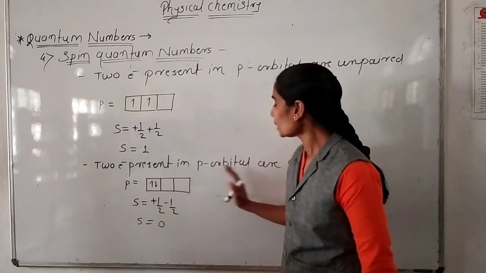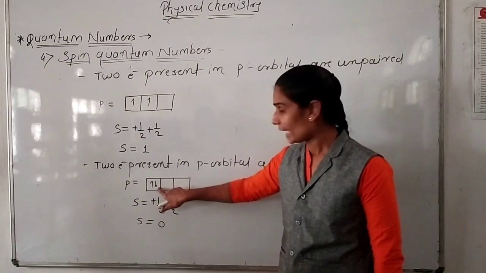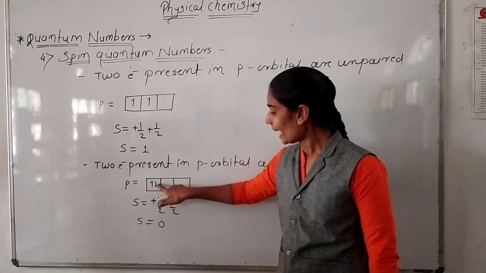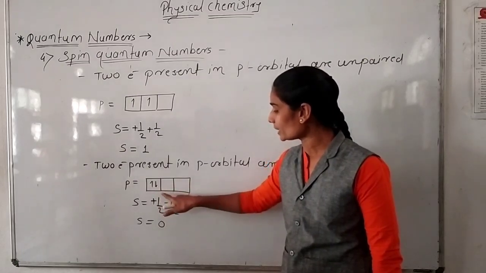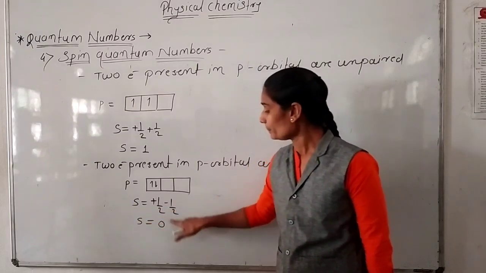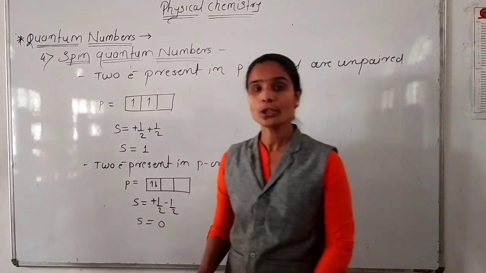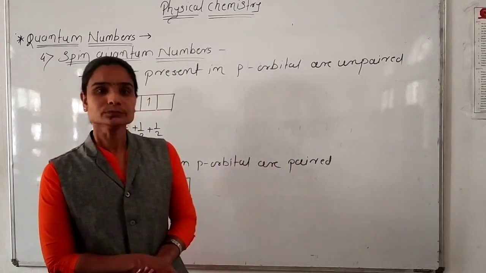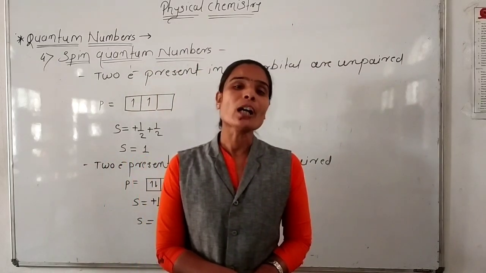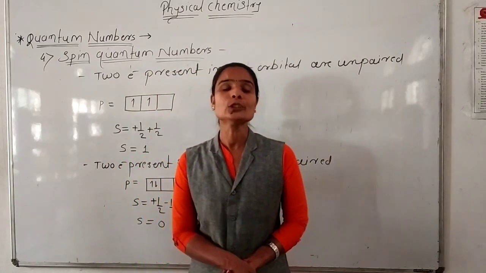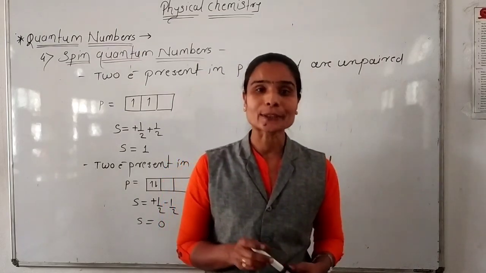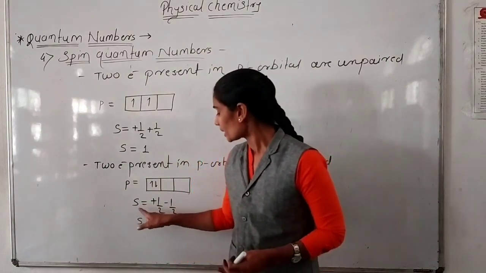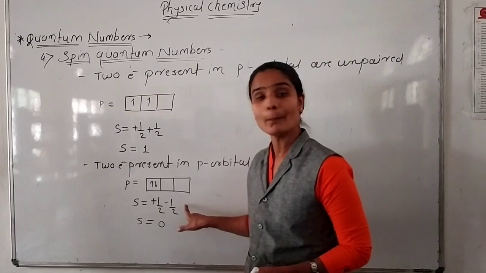But if the electrons are in paired form, one has plus half because its direction is upward and the other has minus half because its direction is downward, so the spin value is 0. So this is the spin quantum number, and it gives information about the spin of the electron, because the electron has a clockwise as well as an anti-clockwise direction. That's why the spin value of an electron is plus half and minus half.